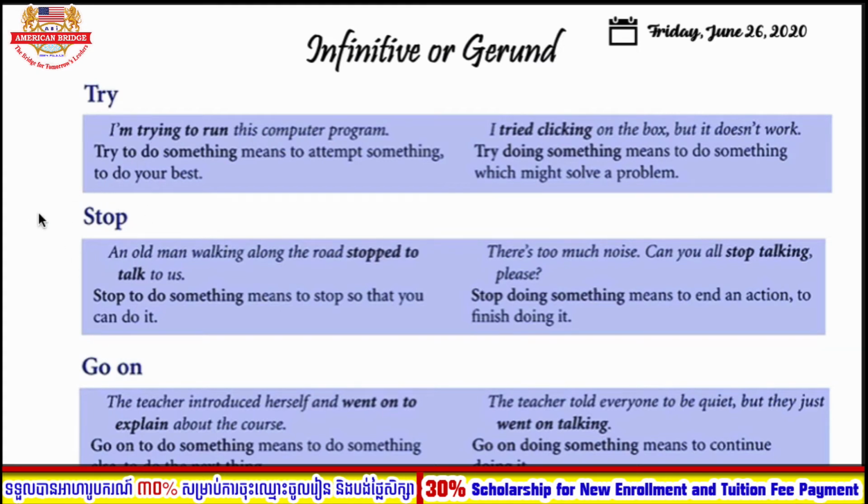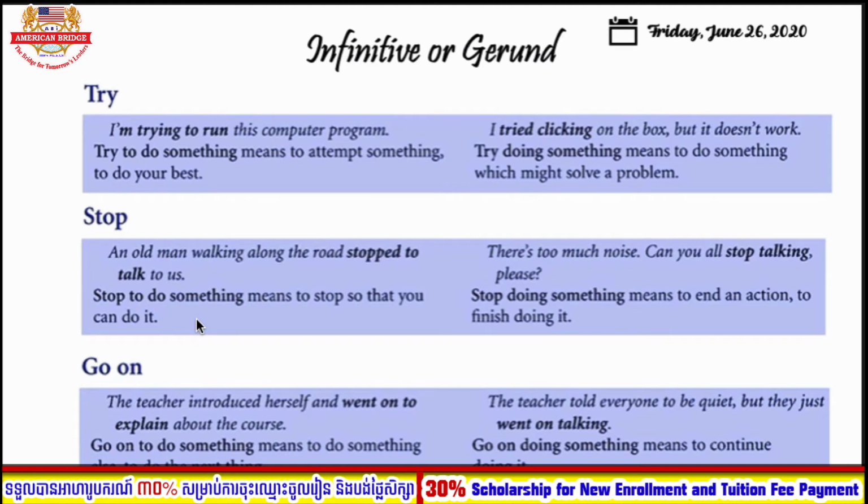Let's move on to the word stop. Stop to do something means you stop one action, one activity, so that you can do another thing. Let's say I stop to drink water, which means in the middle of something.